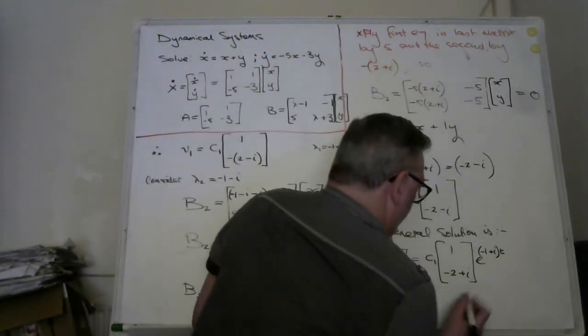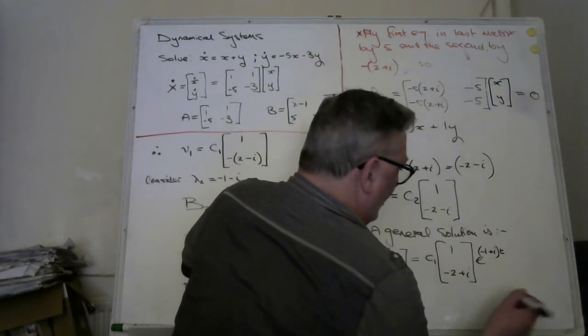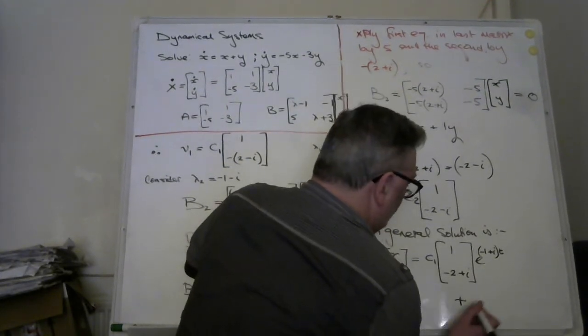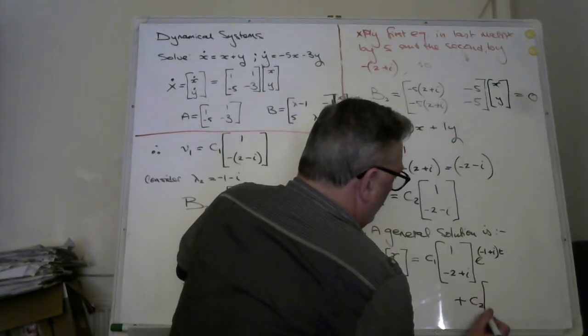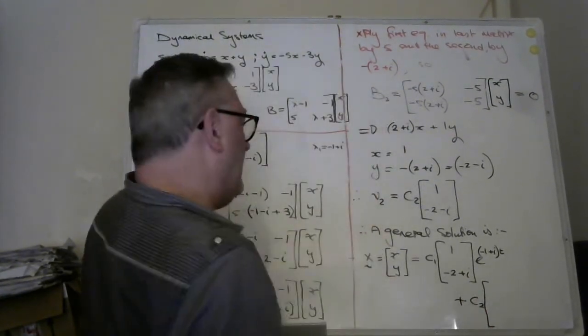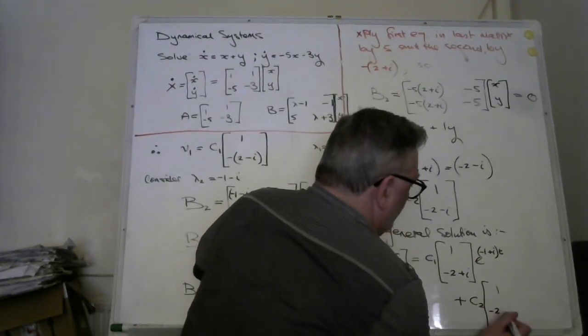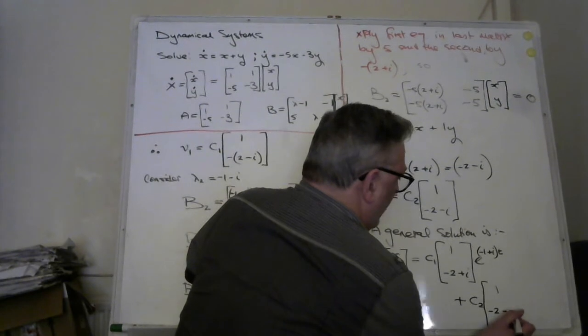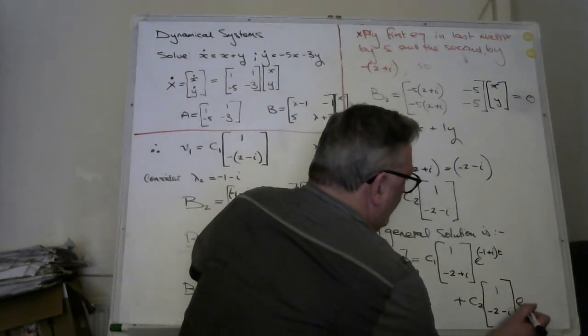And I haven't got room, I don't think, to fit the rest on there. So I'll just finish this off by adding on C2, 1, minus 2 minus i, times e.